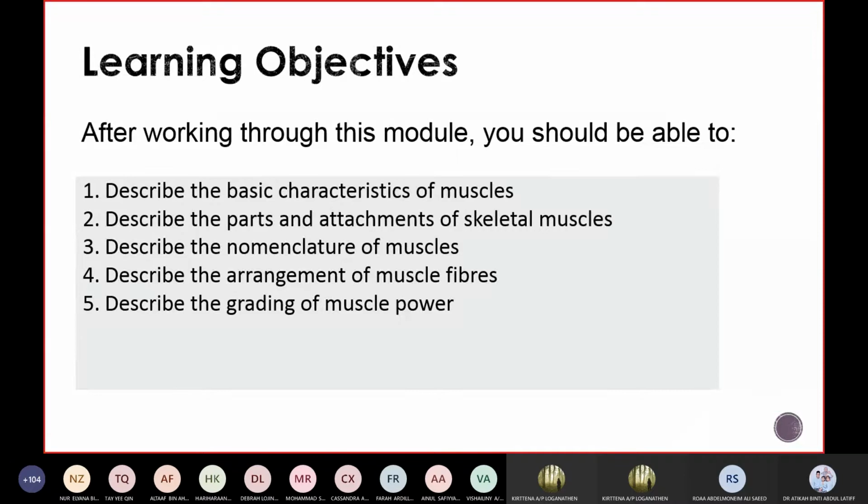You will come across a lot of myo in the future, and that will be referring to muscles. In this lecture, you will describe the basic characteristics of muscles, the parts and attachments of skeletal muscles, the nomenclature, so how we name the muscles, describe some arrangement of muscle fibers, and also the grading of muscle power.